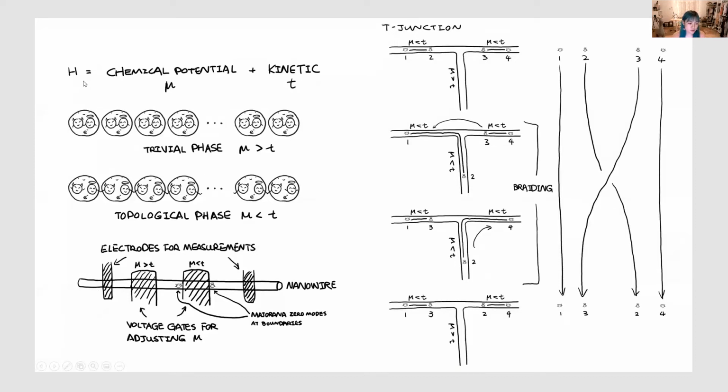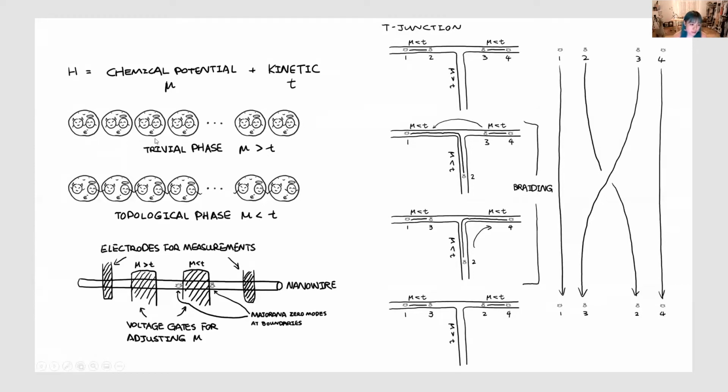Turns out if you look at the Hamiltonian for your system, you will have a chemical potential term and a kinetic energy term. You can control the chemical potential by applying different gate voltages. So you could apply some voltage to put your nanowire in a trivial state where your chemical potential is dominating over the kinetic term.